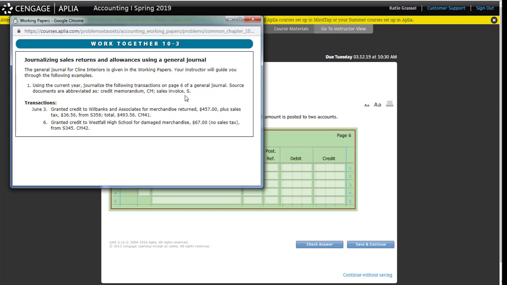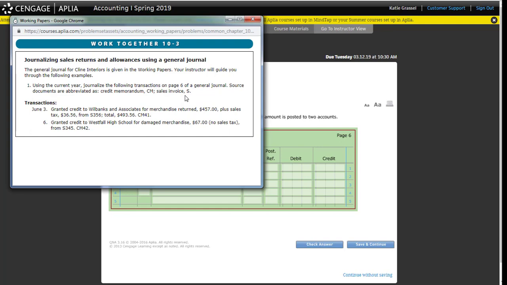Then we used our cash payments journal for any time we make a cash payment. And then we used our general journal for our memorandums. Now in this chapter, we've learned our sales journal, which is any time a customer buys on account from us. And then we just worked on yesterday our cash receipts journal, which is any time we receive money in.